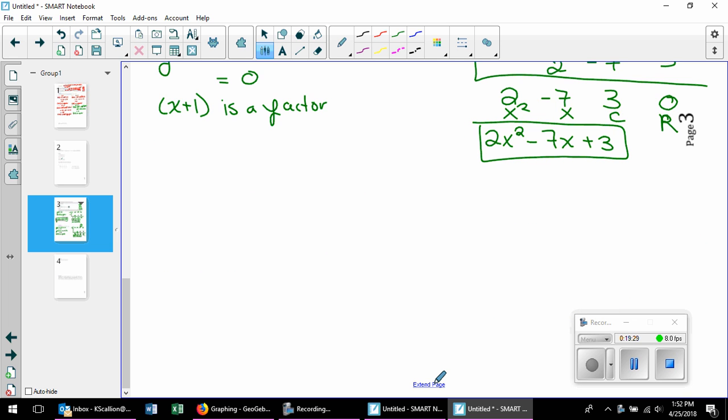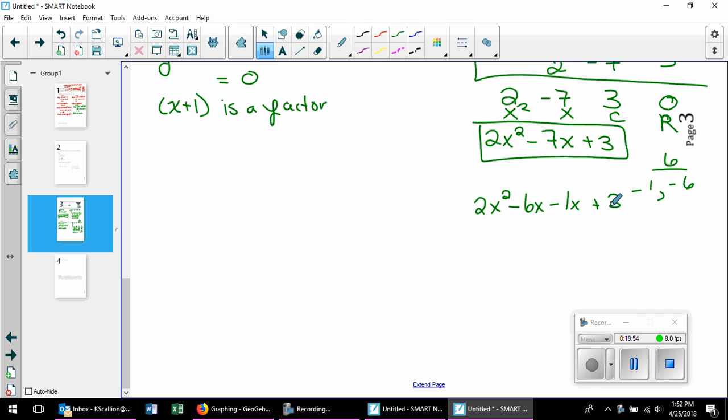I got a 2 in front. Okay, you still can factor it because you're looking at 2 times 3. Remember, this is complex trinomial factoring from grade 10. So I got the factors of 6 that add up to negative 7, negative 1, negative 6, right? So this would be 2x squared minus 6x minus 1x plus 3.